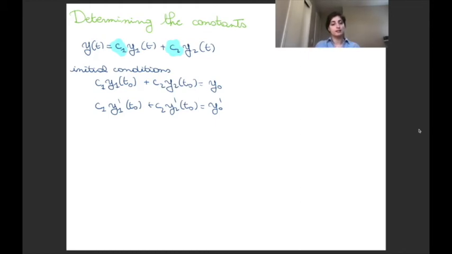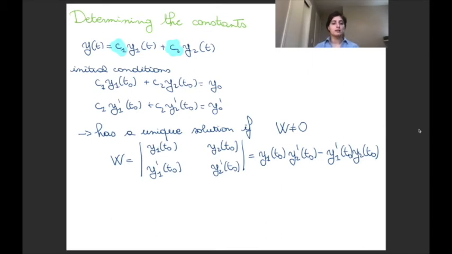And again at t0, C1 y1 prime plus C2 y2 prime is equal to y0 prime. When does this have a unique solution? Well, it's a two-dimensional linear system. So it has a unique solution if the determinant of the coefficients is different than 0.